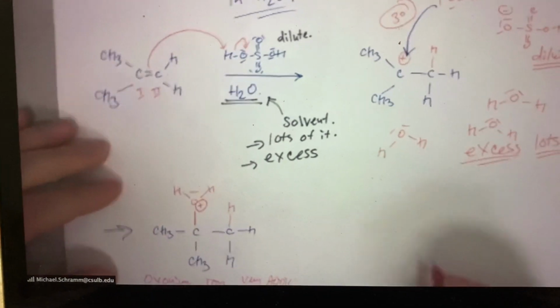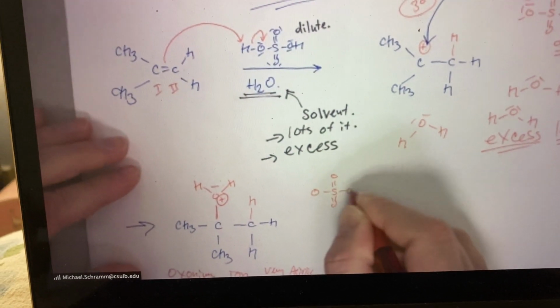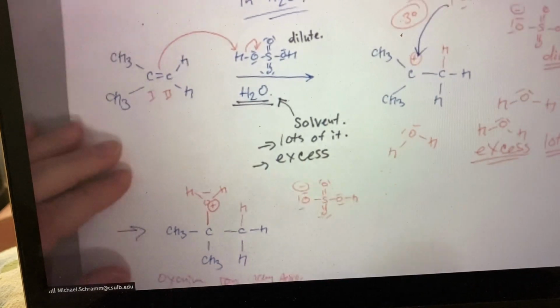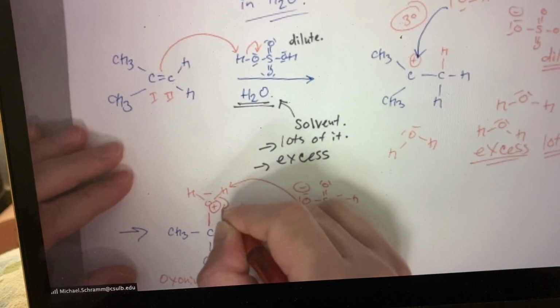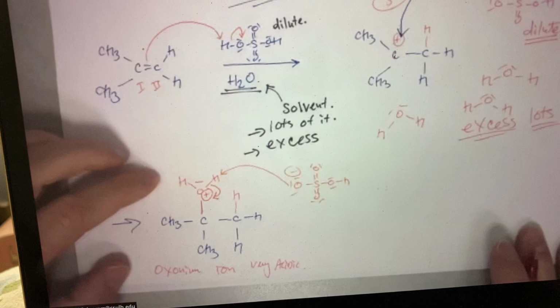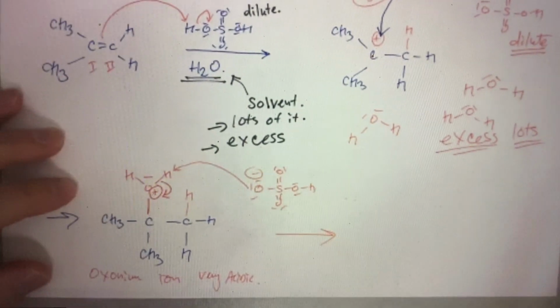And what we do in this reaction to finish it is, we're going to take our sulfate base, a very, very weak base. We're going to do an acid-base reaction here. This is very, very acidic. We're going to do an acid-base reaction to finish this.